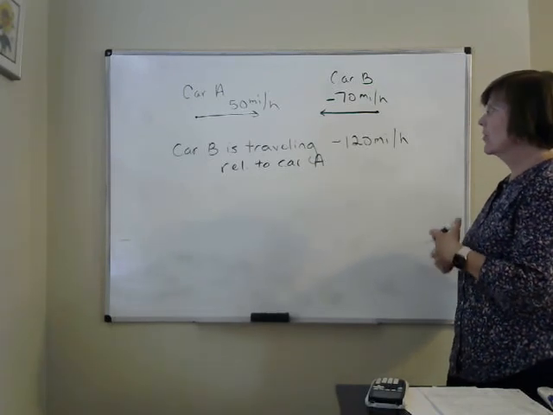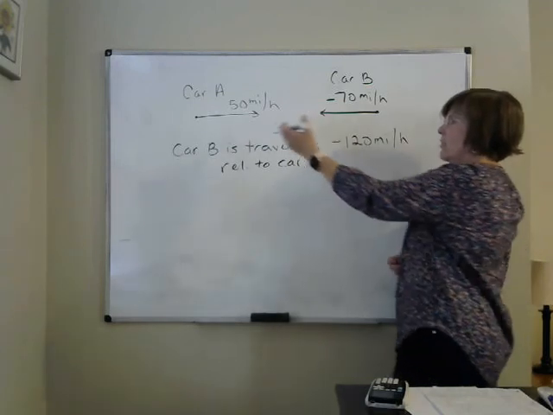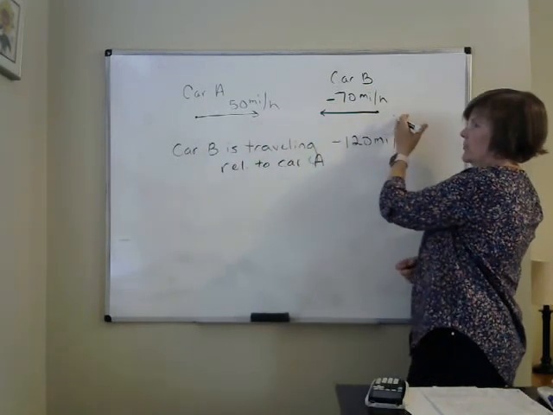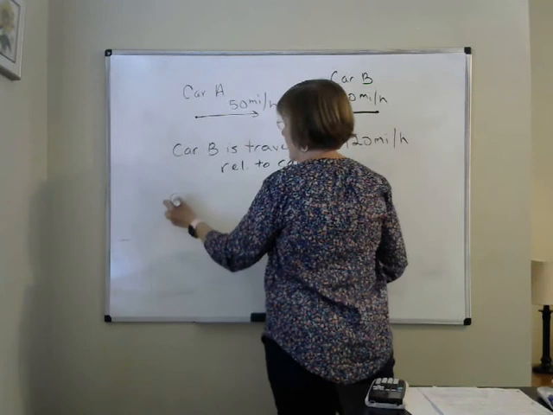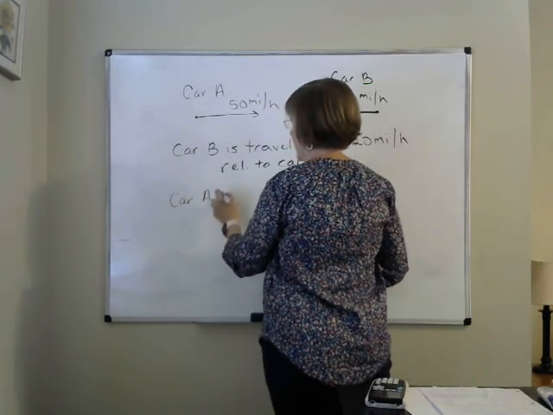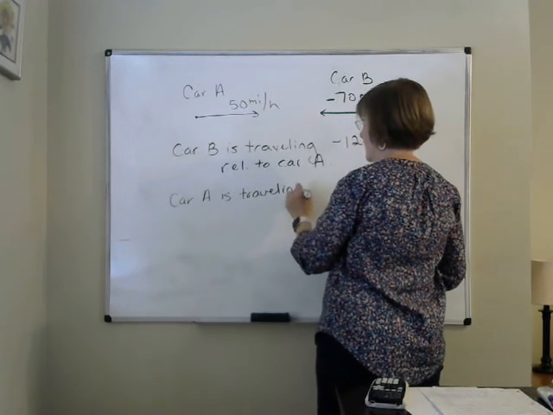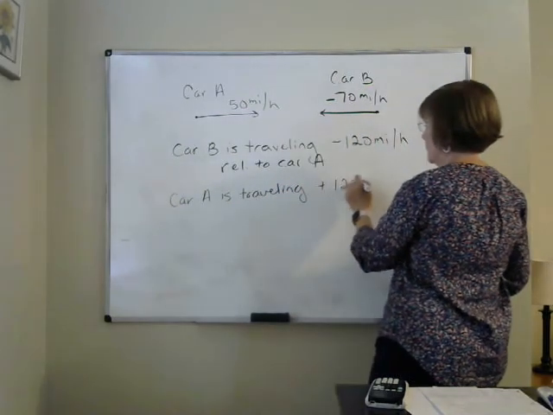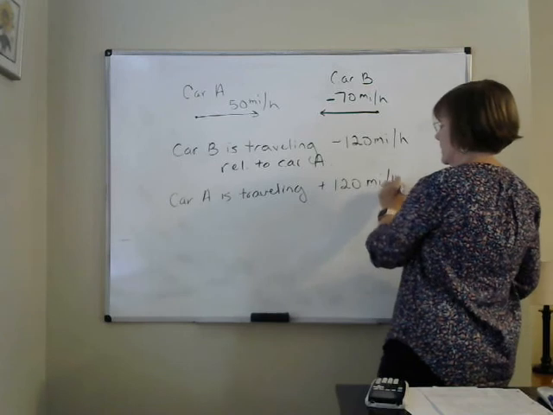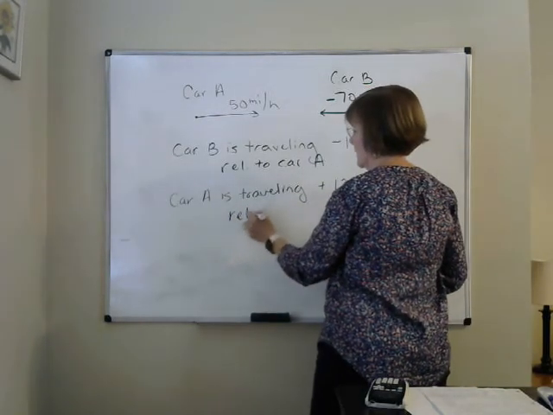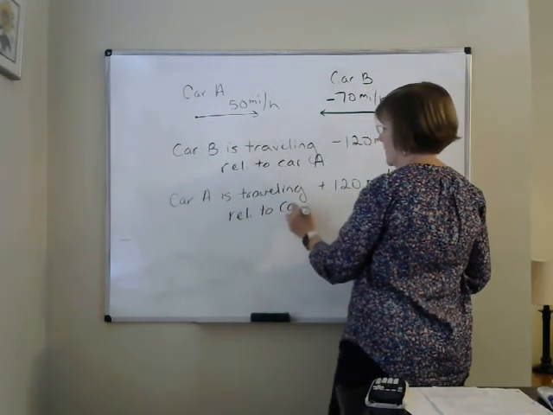If you're in car B, you feel like car A is coming at you with 120. So car A is traveling positive 120 miles per hour relative to car B.